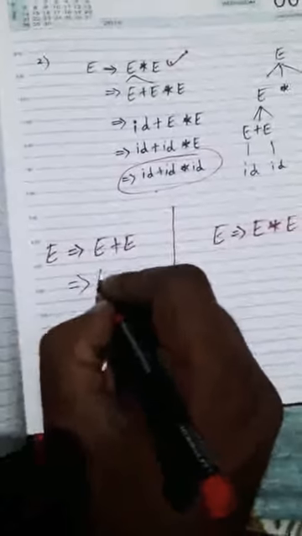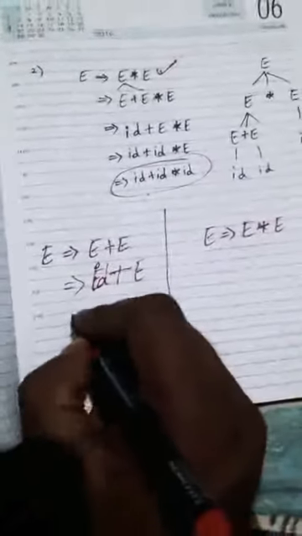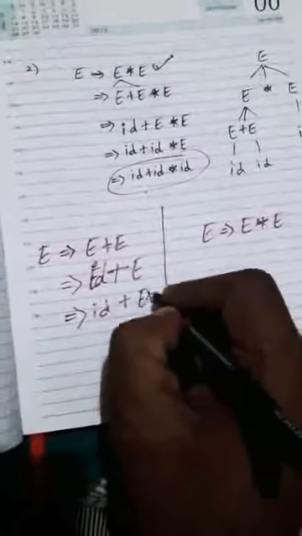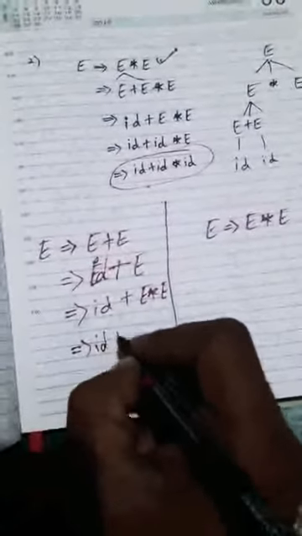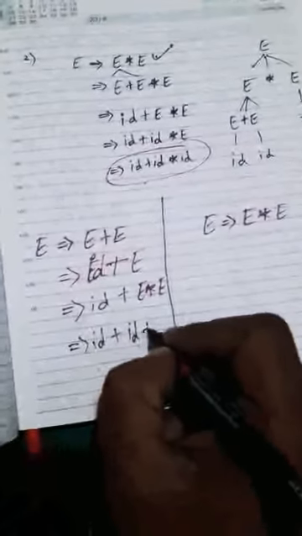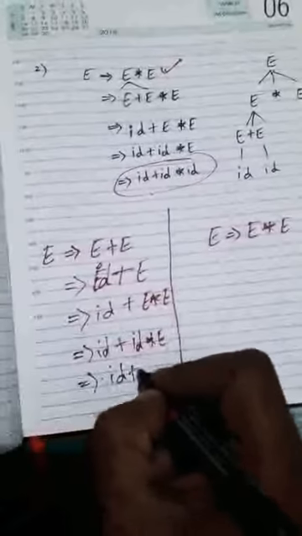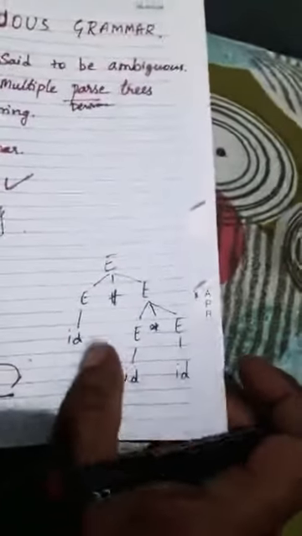See here, this will be ID plus E, ID plus E star E. This will be ID plus ID star E, ID plus ID star ID. If you use this, you will get this tree.